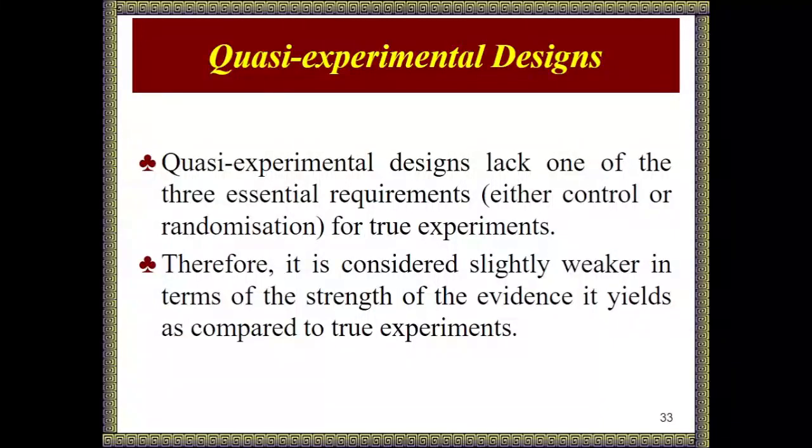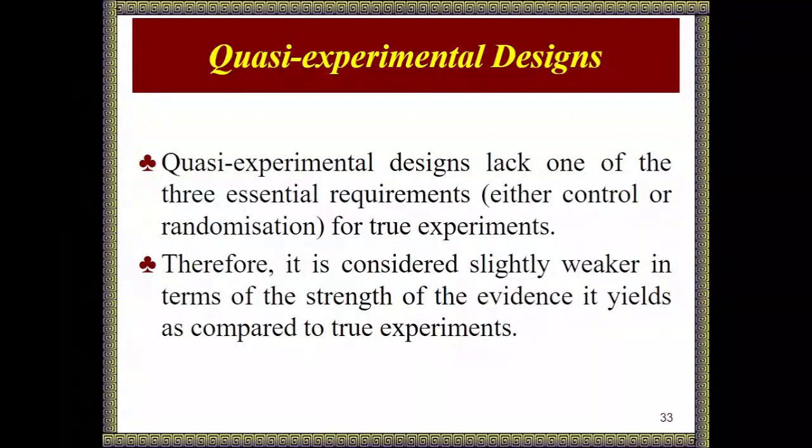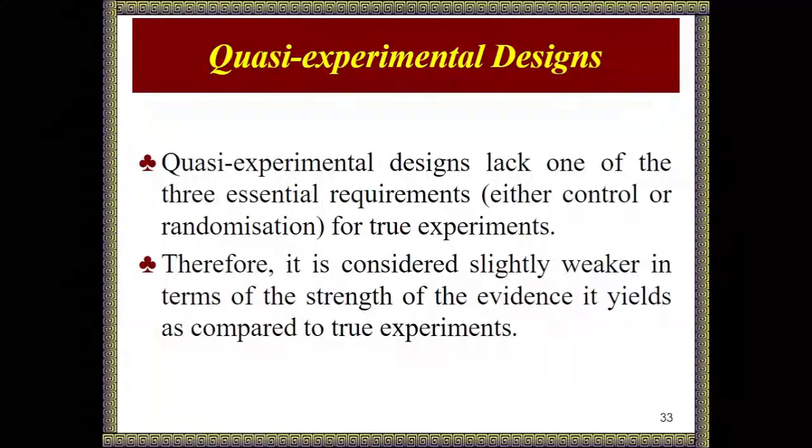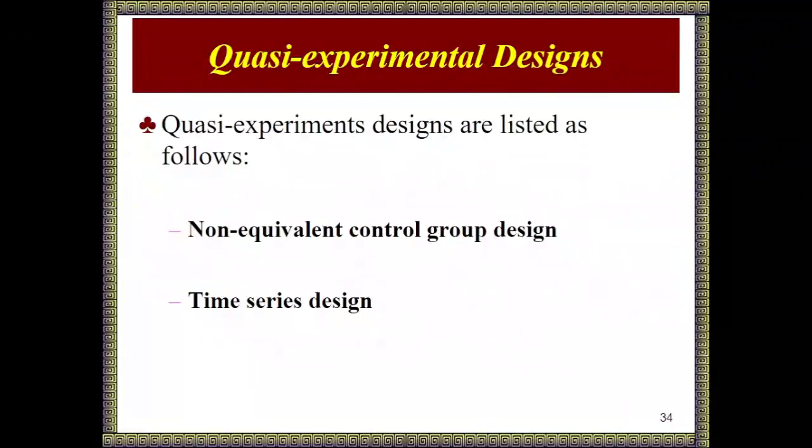Or we cannot do the randomization. Okay. So at that time we have to use this quasi experimental design. Therefore, it is considered slightly weaker in terms of strength of the evidence as compared to the true experiment. It is slightly different.